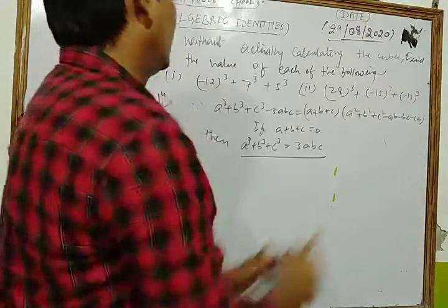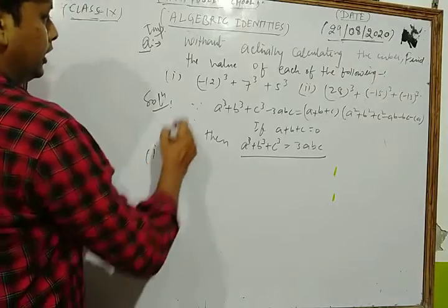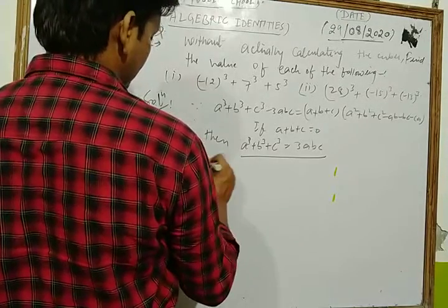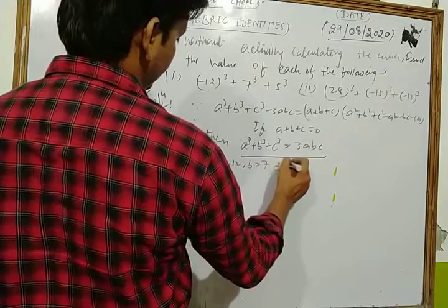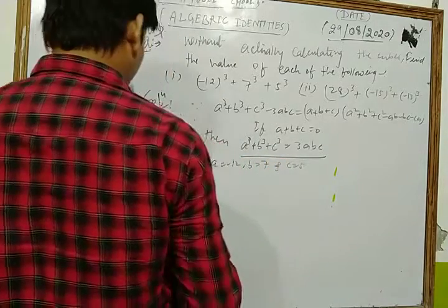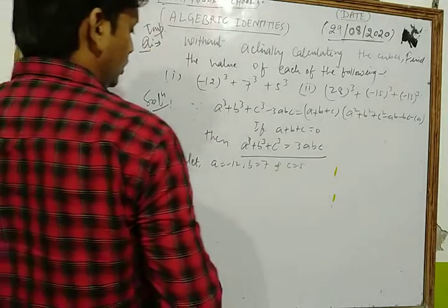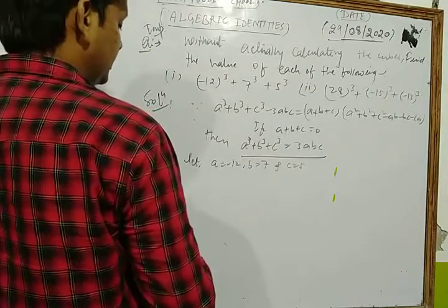Now look, we take the first part of this question. Let a is equal to minus 12, b is equal to 7 and c is equal to 5. First we find the value of a plus b plus c.